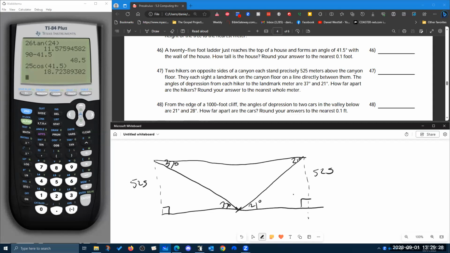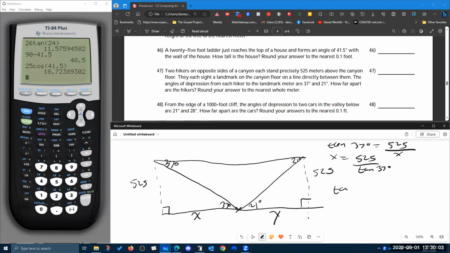And I want to find out this distance that I'll call X and this distance that I'm going to call Y. And I want to find out the distance X plus Y. So tangent of 37 degrees is 525 over X. So X equals 525 divided by tan 37.